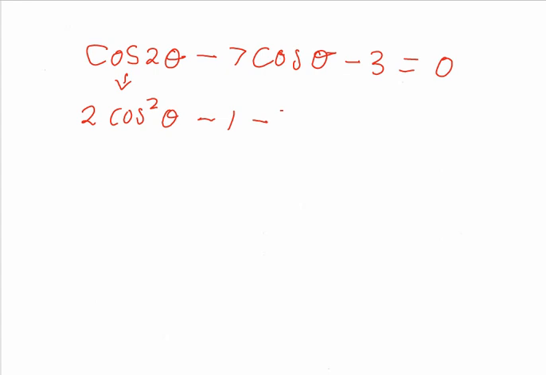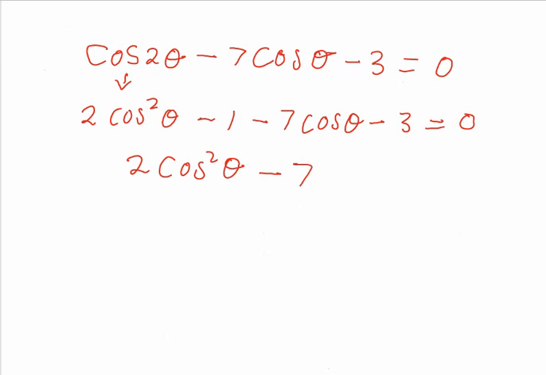Then if you put that back, you'll have this equation. Remember, our goal is to find the solution, so we are trying to write it in a quadratic form. If you simplify, you'll have 2 cos squared theta minus 7 cos theta minus 4.